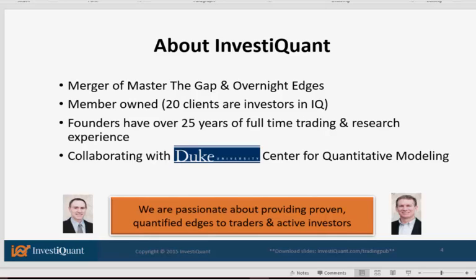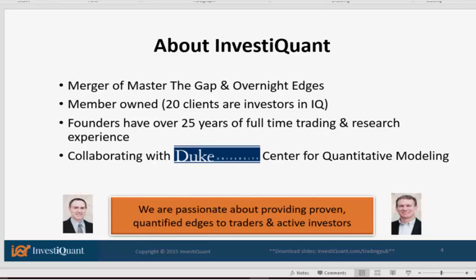Now, the way the union came about is we actually had some members come to us separately, and they said, hey, you guys have real good stuff. You should get together and do something combined. And they knew we were friendly because we presented at times together and so forth. Scott and I talked over the years.